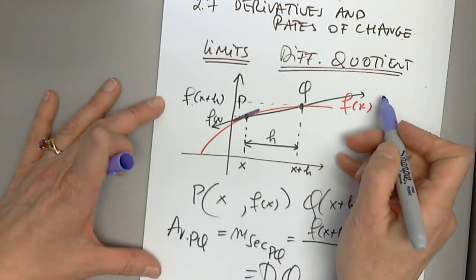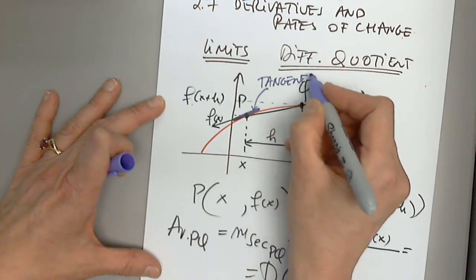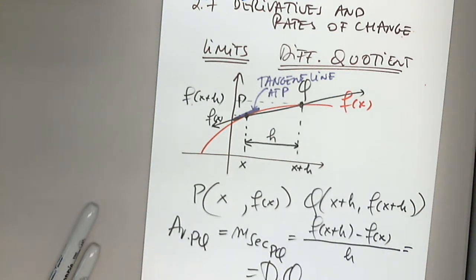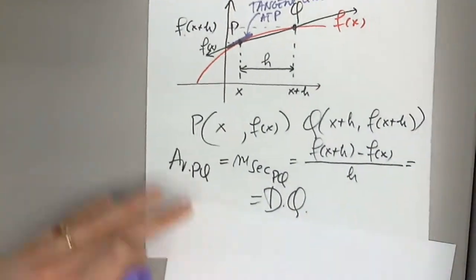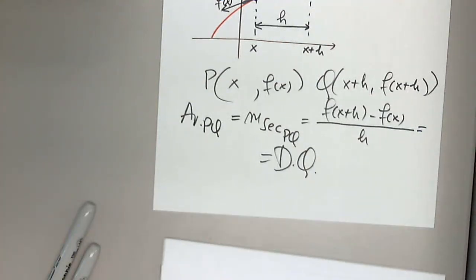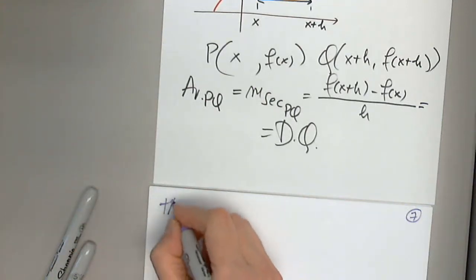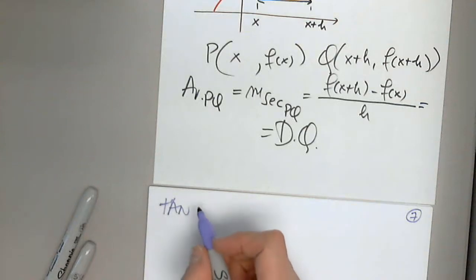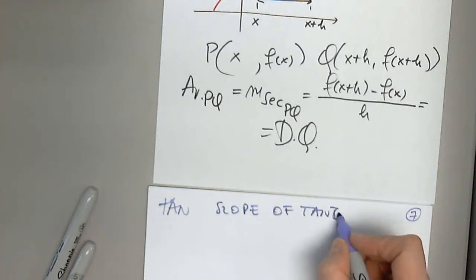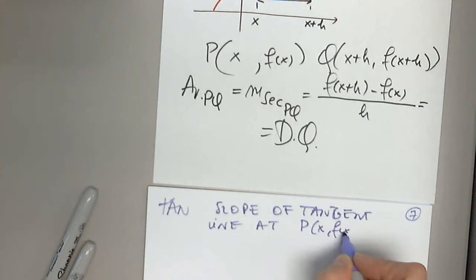It's not the secant line PQ, but this line is the tangent line at P. So can anyone tell us how to find the slope of the tangent line at P, x, f of x?